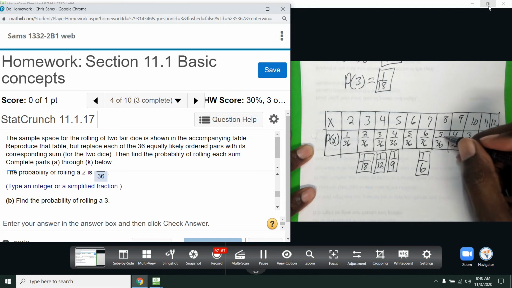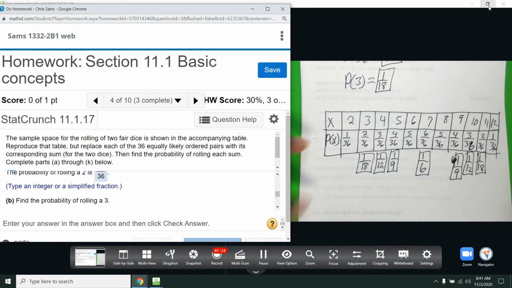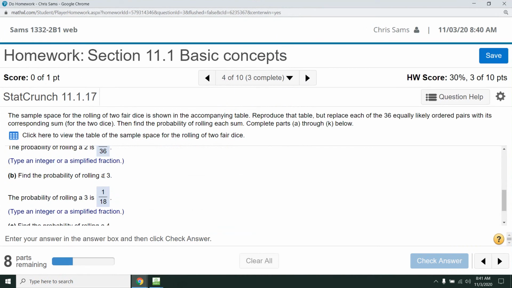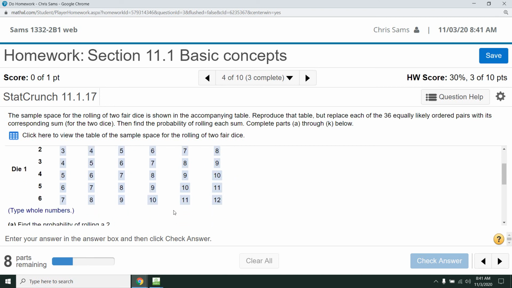So they're going to ask us all of these, but that is the pattern. You can verify that by checking the table: 1 two, 2 threes, 3 fours, 4 fives, 5 sixes, 6 sevens, and then going back down to 5 eights, 4 nines, 3 tens, 2 elevens, 1 twelve.